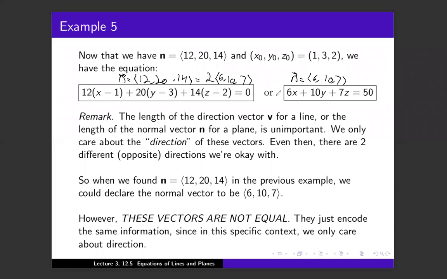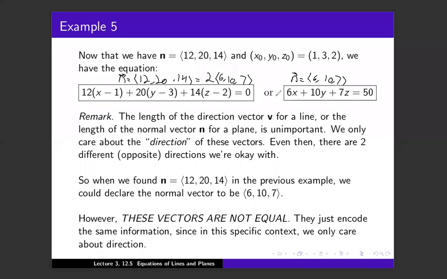So we found 12, 20, 14 was one of our normal vectors. I don't really care about that. In fact, that's kind of a clunky looking vector. We can make our lives a little bit easier by factoring out a factor of 2 and taking the normal vector to be 6, 10, 7. But it's important to keep in mind that these vectors are not the same. They're not equal vectors.